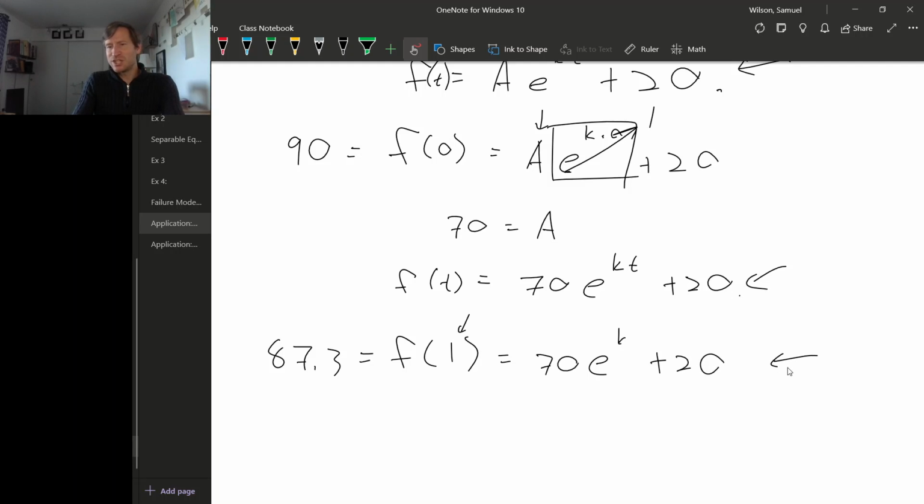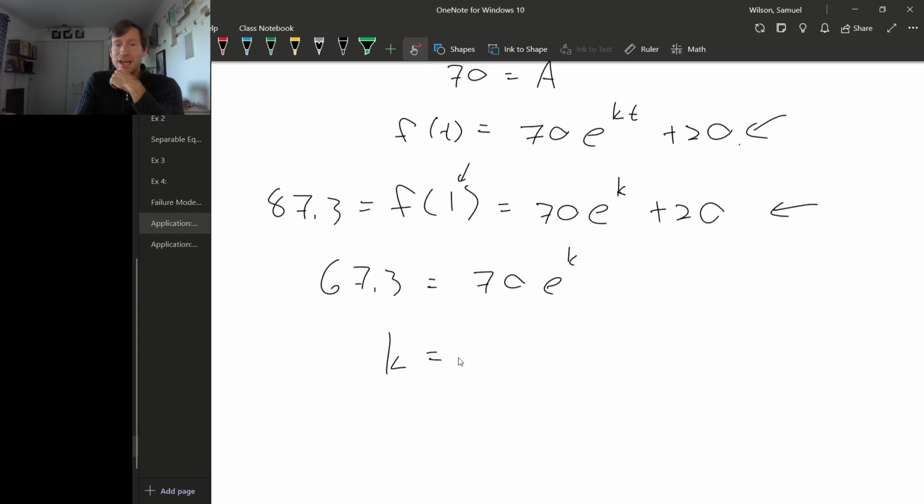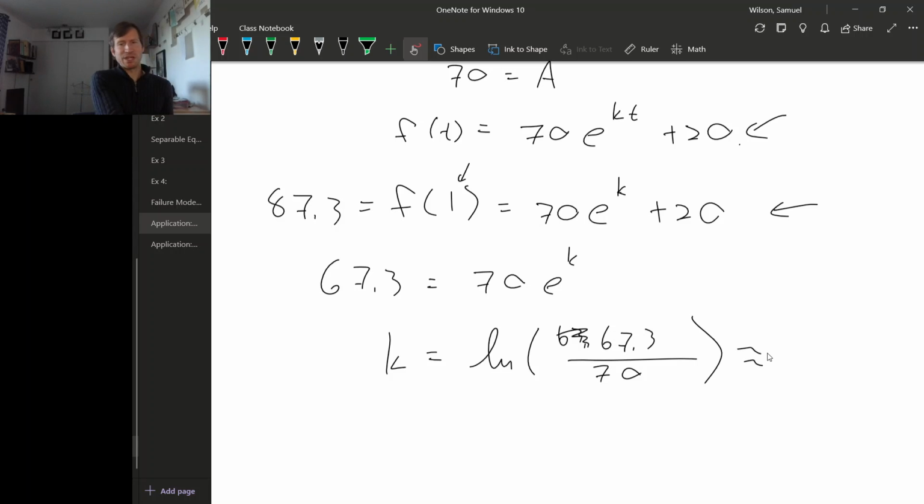The only parameter left in this equation is k, so we can solve for it. Subtract 20 from both sides: 67.3 equals 70 e to the k. Divide by 70 and take natural log, and k is natural log of 67.3 over 70.